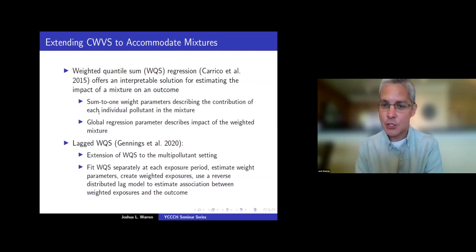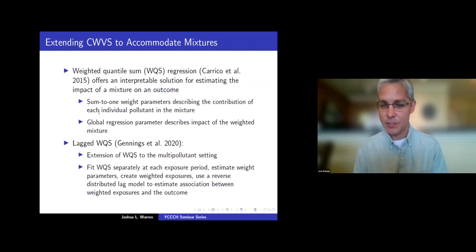It offers a nice interpretable solution for estimating the impact of a mixture on an outcome. And it has this really nice sum to one constraint on the regression parameters. So in the end, you have 20 pollutants, for example, and you get to see the relative contribution of each of these pollutants in terms of the entire mixture.